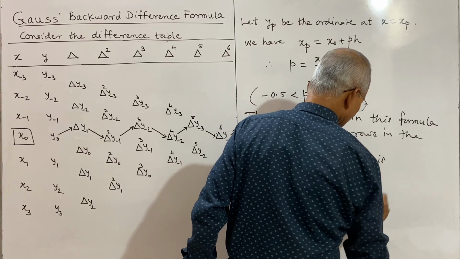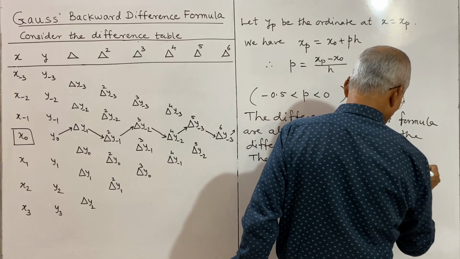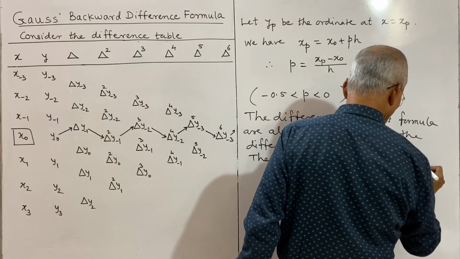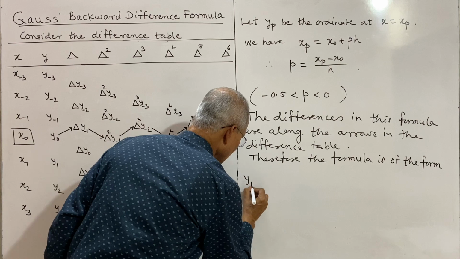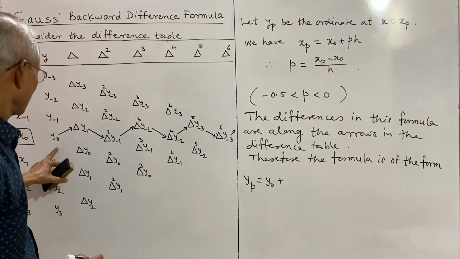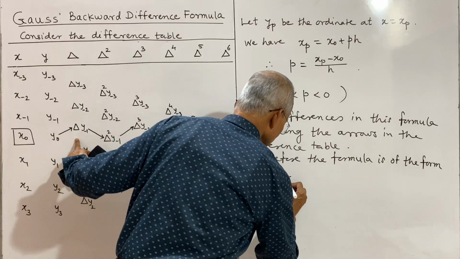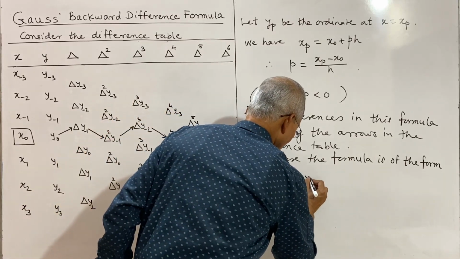of the form yp is equal to y naught as the first term plus g1 dash delta y minus 1.